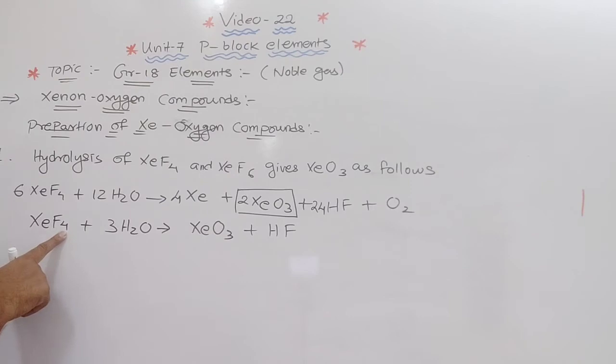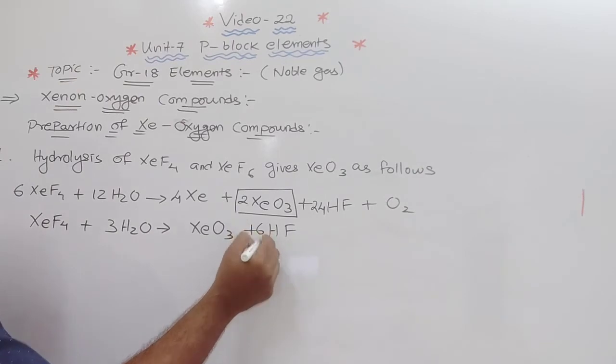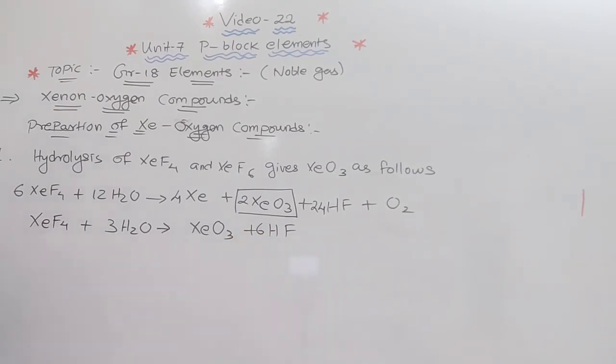I think some mistake is there, plus 6HF. Just a minute. No, it is right. Fluorine is 6 here, so 6HF will come.